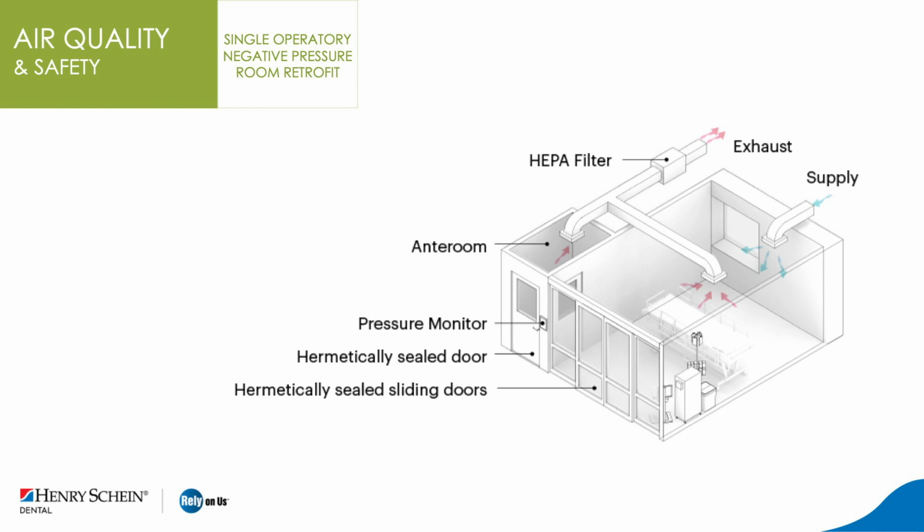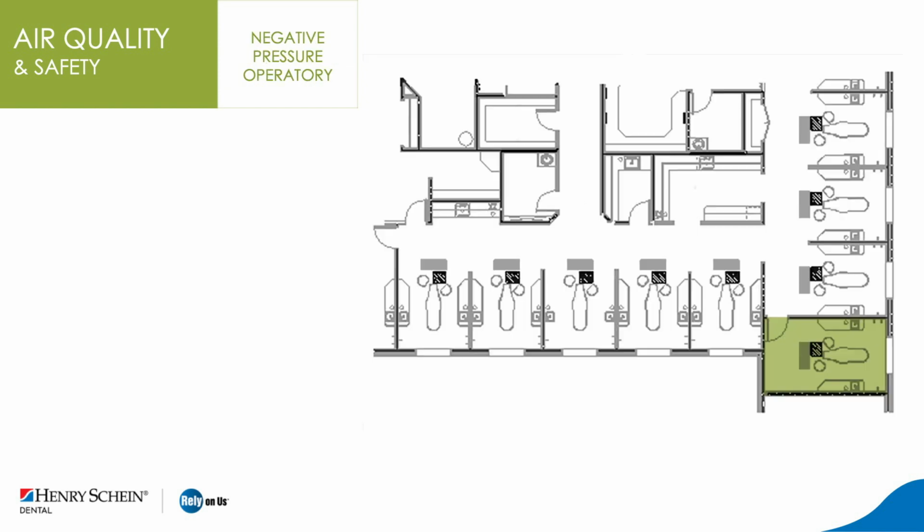I'm going to have a list of recommendations later in the program that's going to include air exchange rates, but just as a preview, we're going to be suggesting 12 to 15 times per hour for air exchange in operatories. Okay, just in operatories, so within the HVAC system that controls the clinical zone.